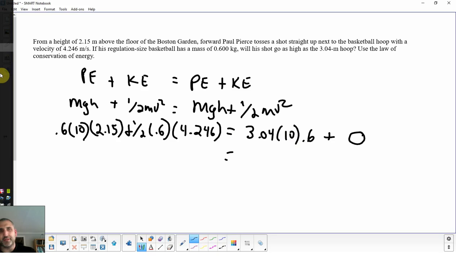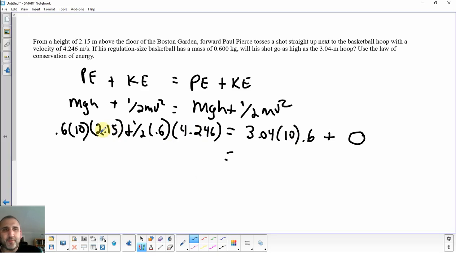The ball has this much potential energy, the ball has this much kinetic energy. Does the ball have enough on this side of the equation to reach the top of the hoop? So it's not even equals, it's more like equals question mark.